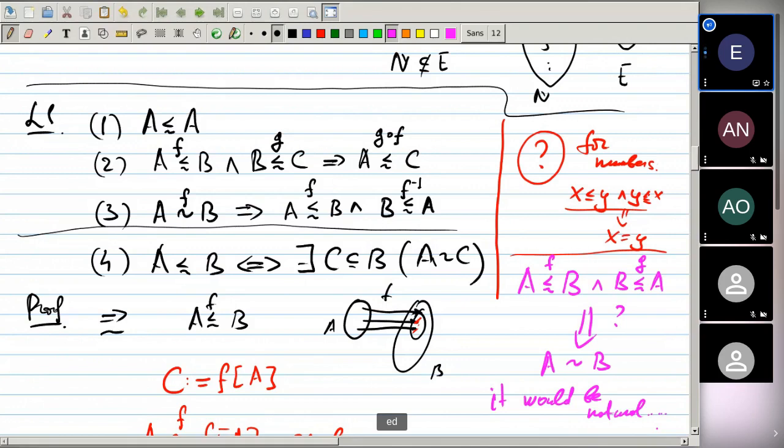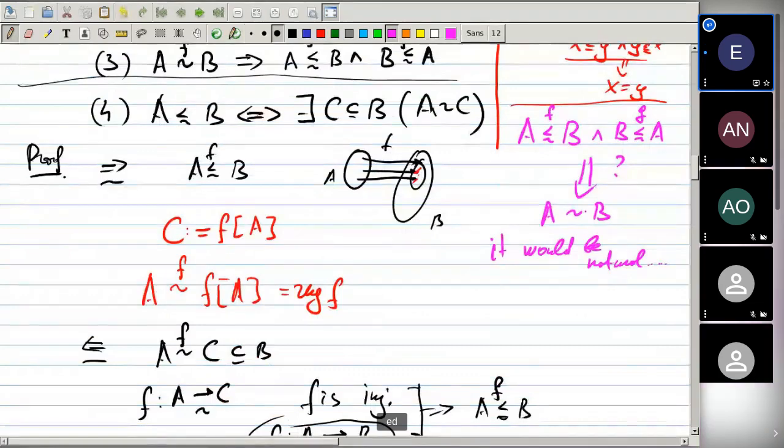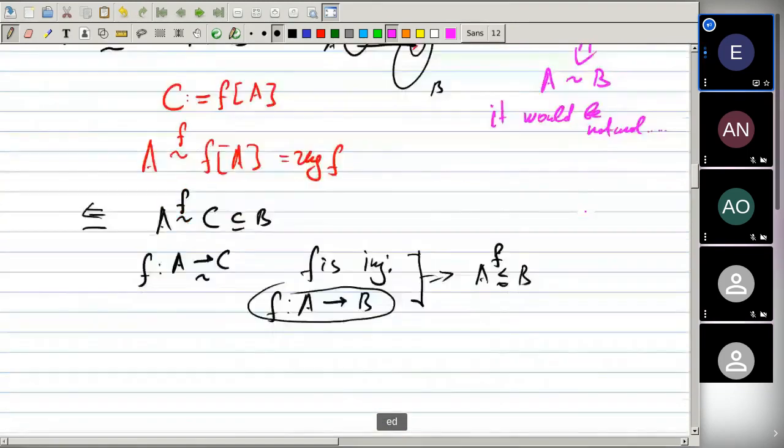You have two injections, but why do you have a bijection? How can you construct it? It is interesting that you can do so. It is possible, but it is somewhat technical. The argument is somewhat technical, so I will omit it.